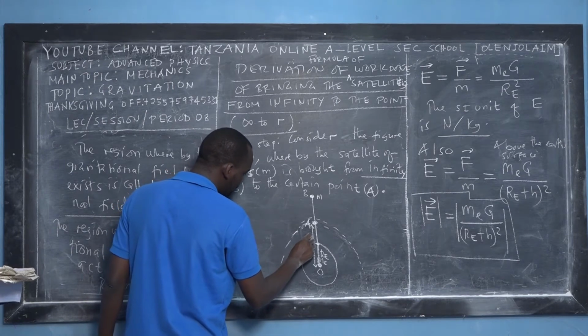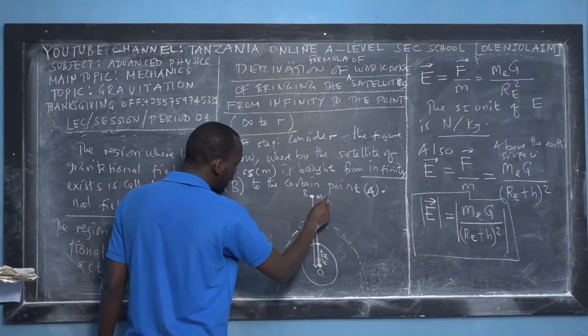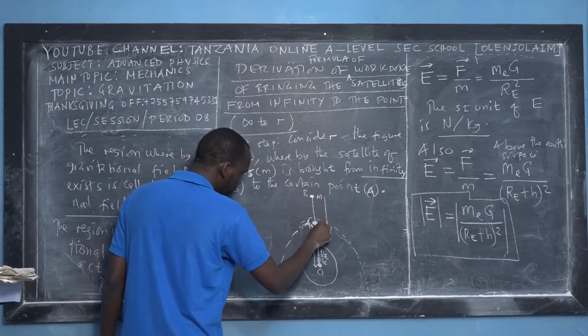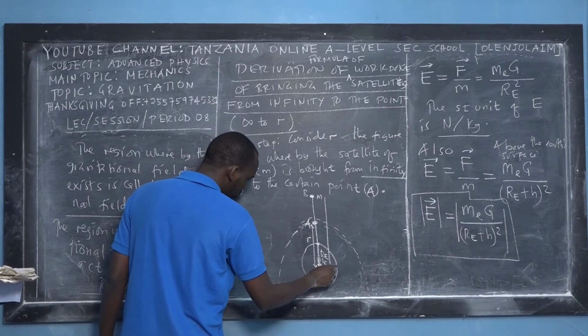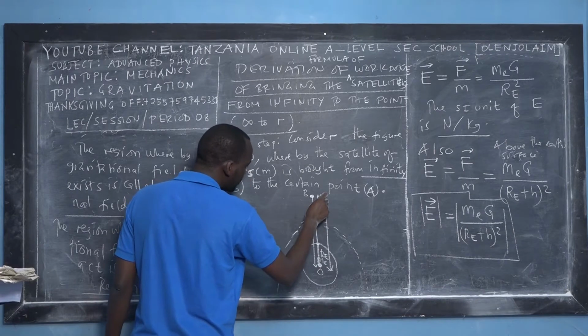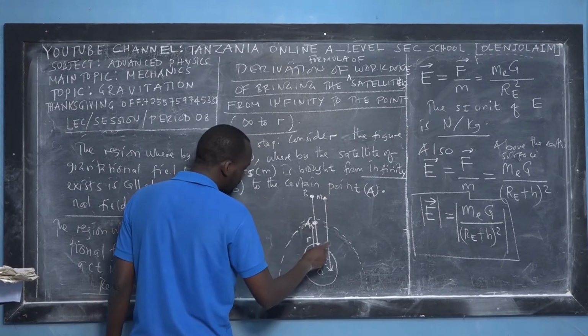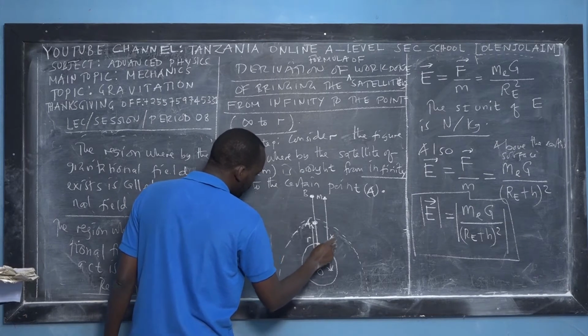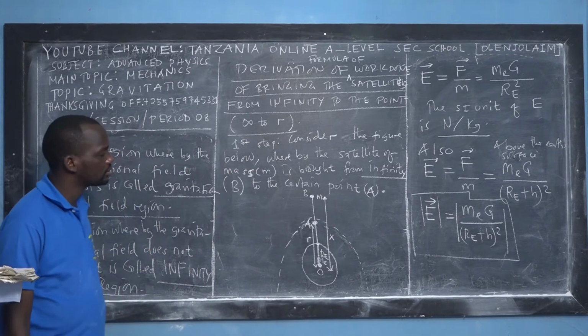And then again we have the total distance from point B to the center of the S, meaning from the center of the satellite to the center of the S, and this distance we call X.